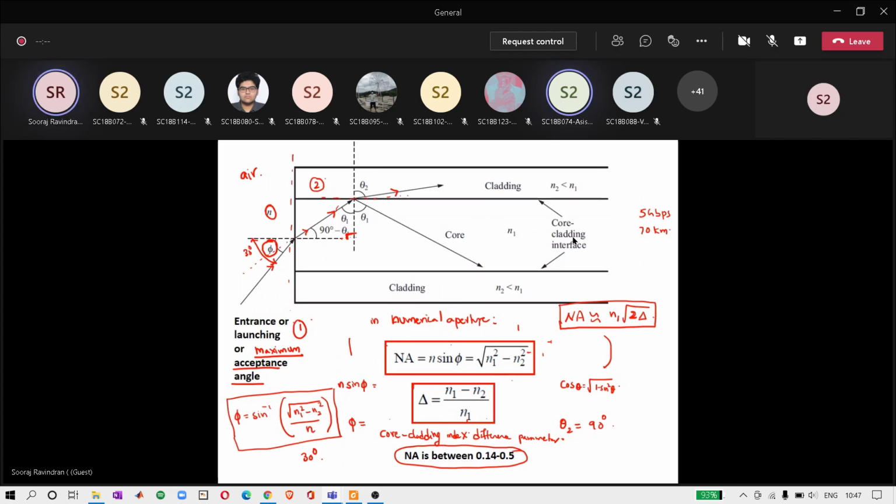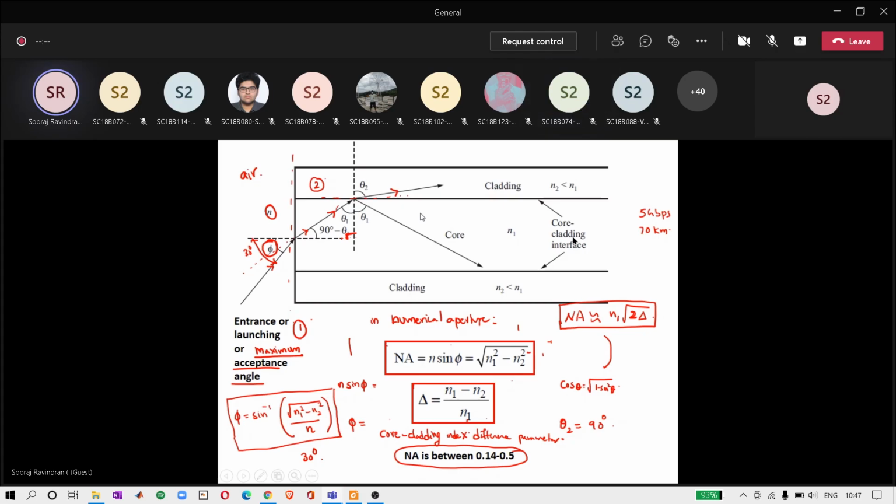Yeah, those things are not practically possible. Theoretically it's fine, but you're talking about structures which are thousands of kilometers long, and coating those kinds of metamaterials on the core is not possible.